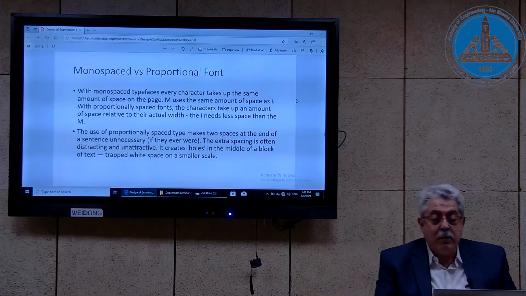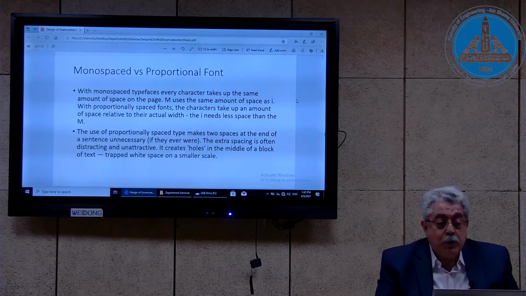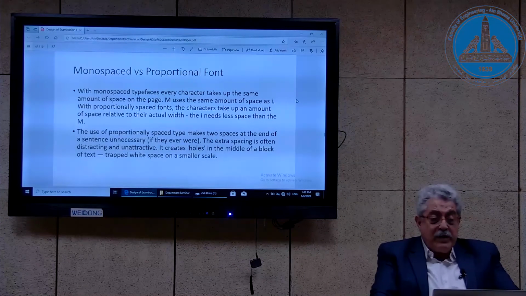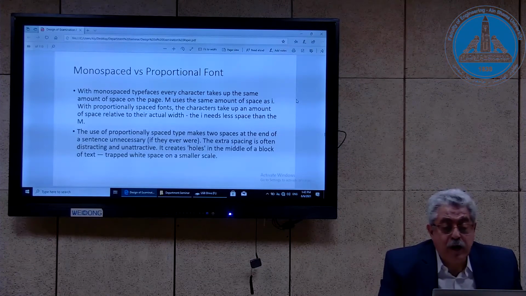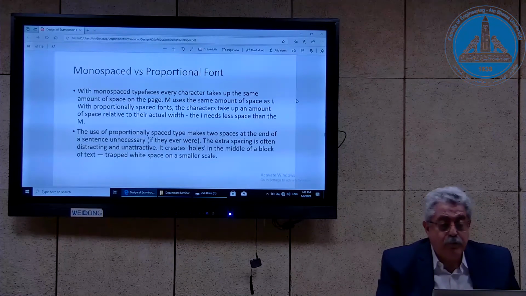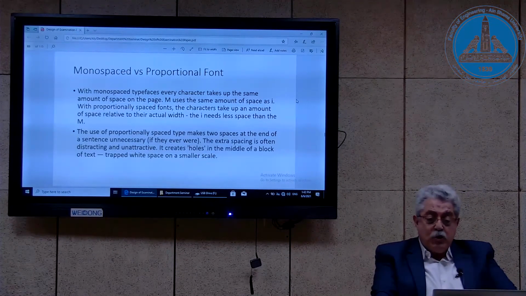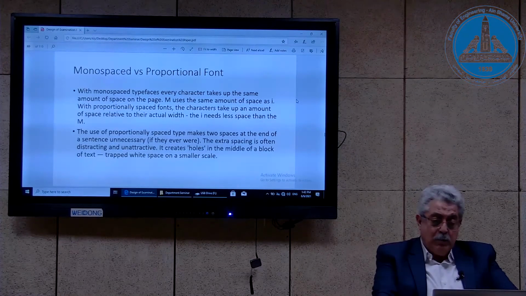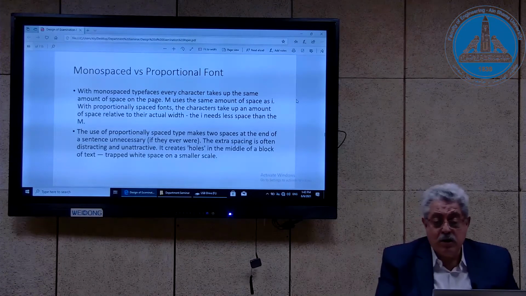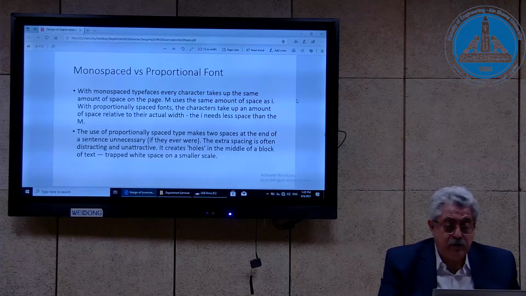M uses the same amount of space as I. With proportionally spaced fonts, the characters take up an amount of space relative to their actual widths, where the I needs less space than the M. The use of proportionally spaced type makes two spaces at the end of a sentence unnecessary, which was mentioned in the previous slide. The extra spacing is often distracting and unattractive. It creates holes in the middle of a block of text, trapped white space on a smaller scale.